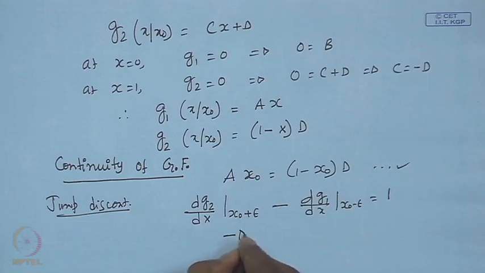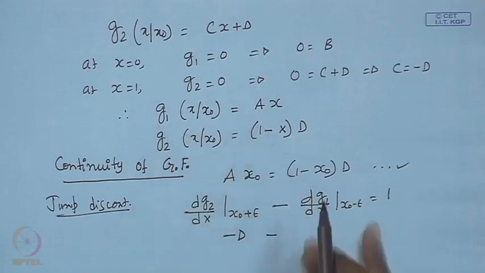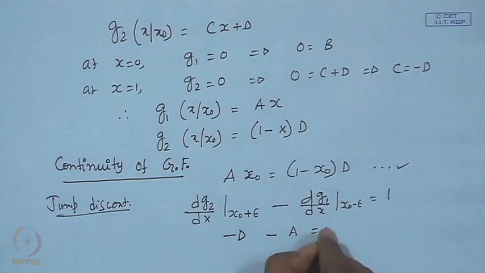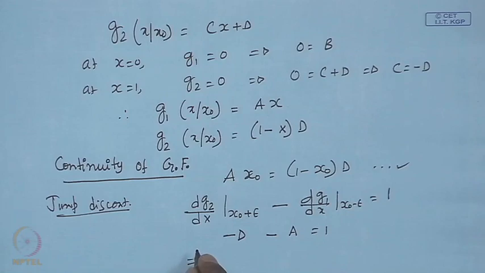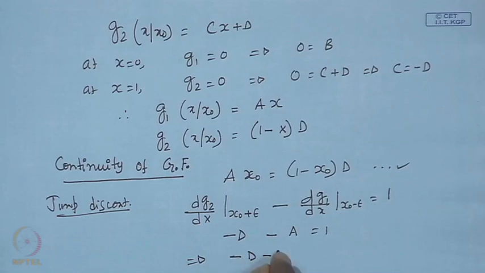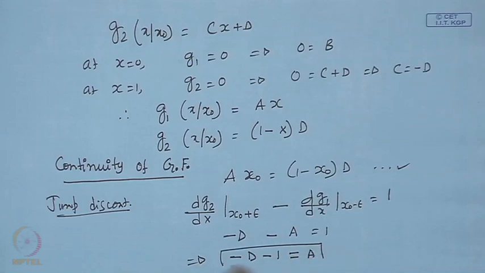So, this will be minus d minus d g 1 dx, d g 1 dx is nothing but a, should be equal to 1. So, a is equal to minus d minus 1. That is the definition of a.